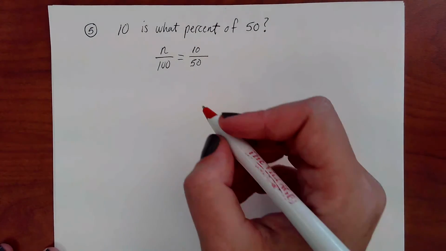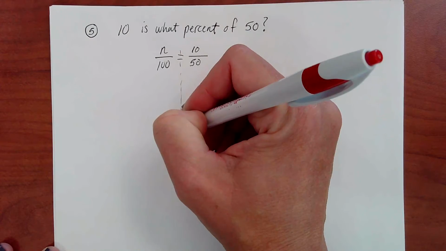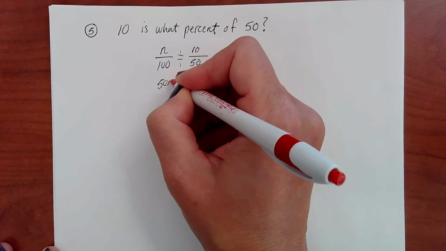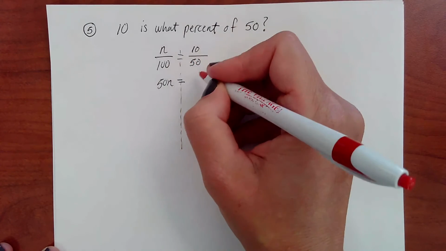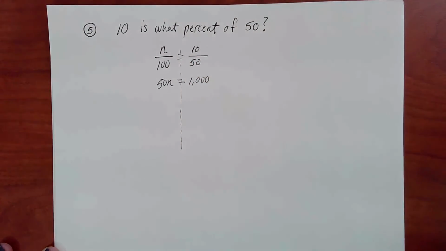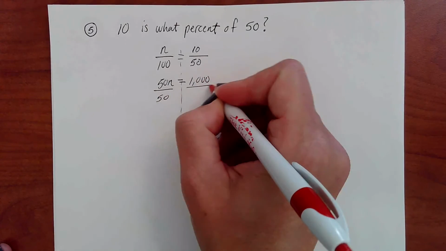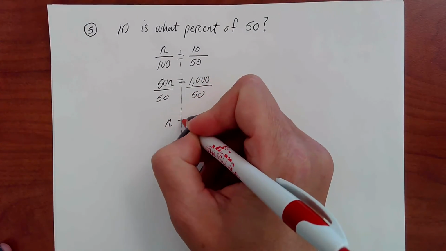And here we go. Oh, let's put the dots. 50 times n is 50n. 100 times 10 is 1,000. How do I get n by itself? Divide by 50.